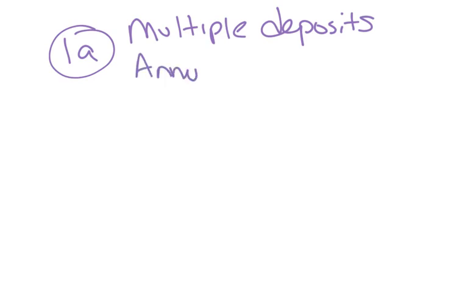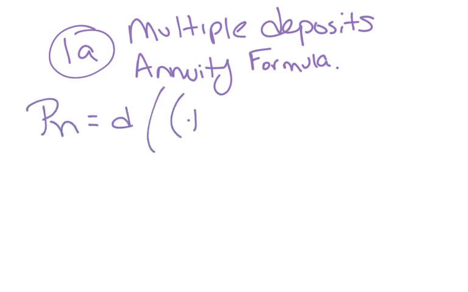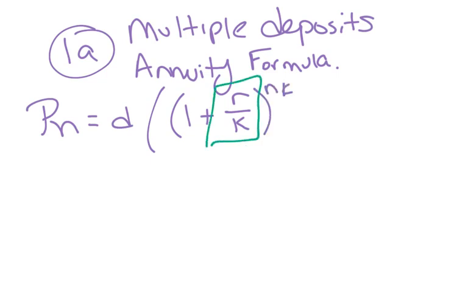So this is multiple deposits, so this would be an annuity formula. Because it's an annuity formula, when you're doing your equation, it's already done for you at this step. Okay.